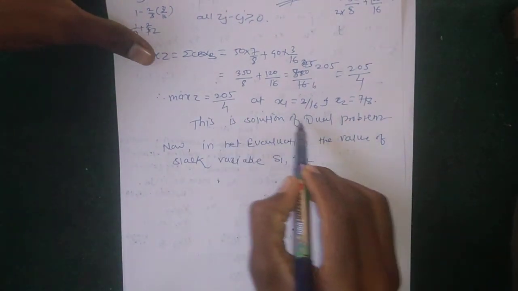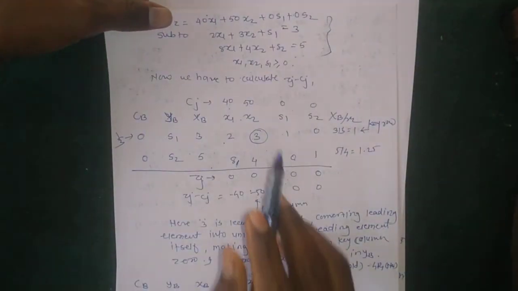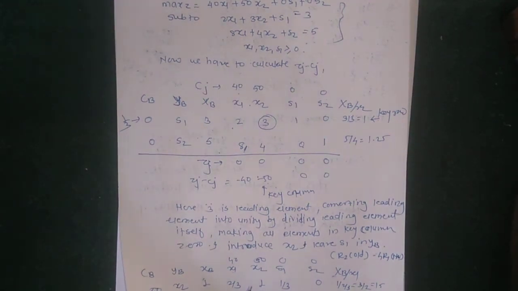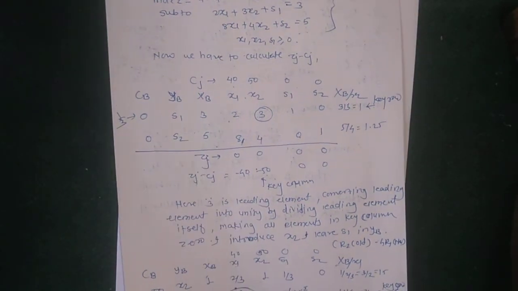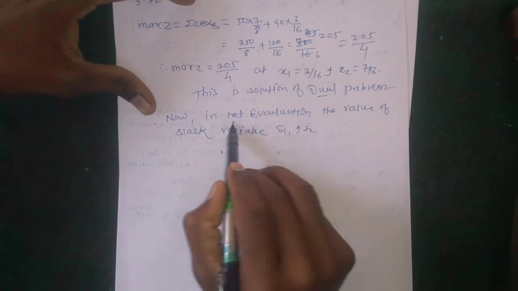This is the solution of the dual problem, because here we have to find the solution of the dual problem. Okay, so we have to find the solution of the primal problem. So how to find the solution of the primal problem? Primal problem is a minimized type problem. So its solution is found by using net evaluation.